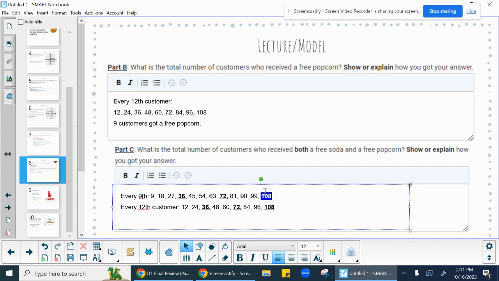Because you want to look for the customers who are in both lists. So I can say not every, but I can say three customers received both prizes, the 36th, 72nd, and 108th.